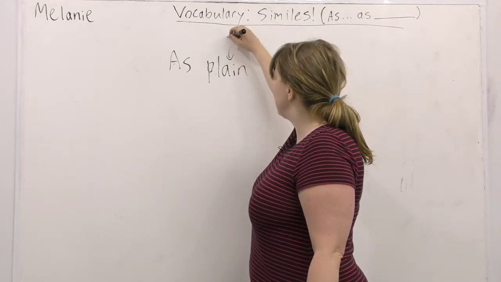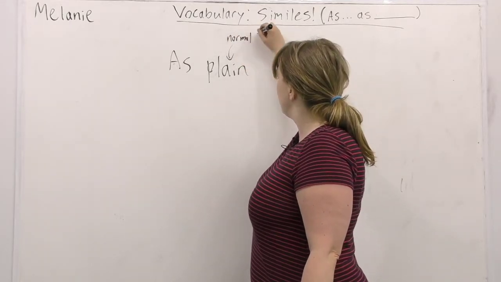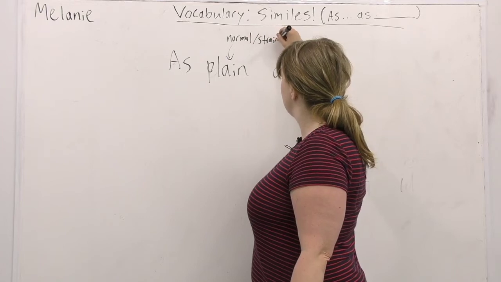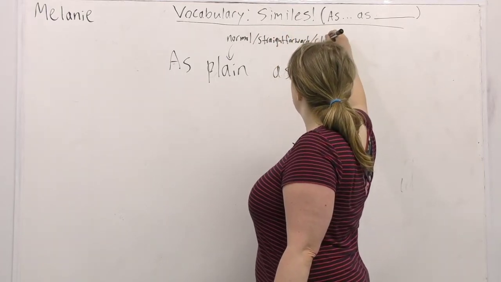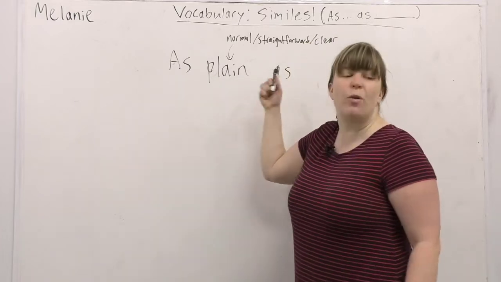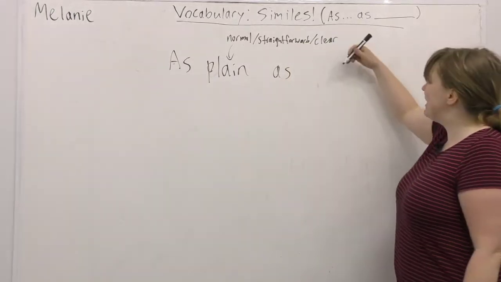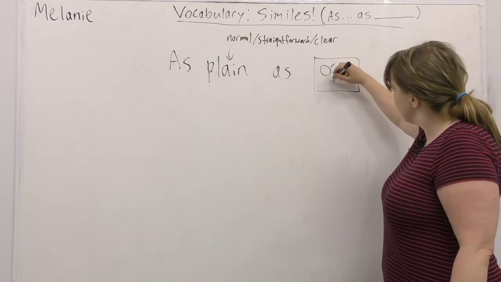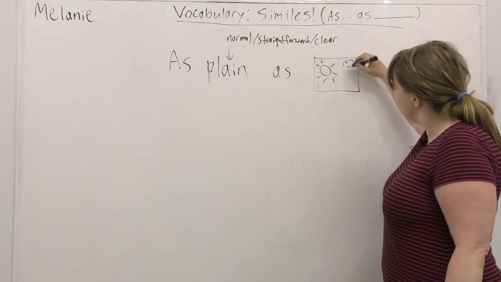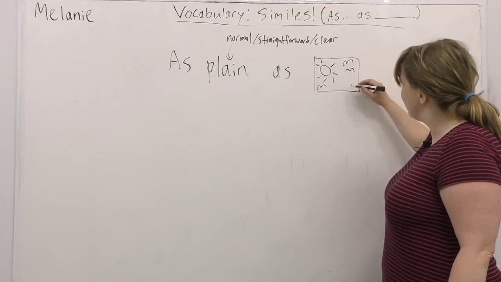Okay. So this means kind of like normal, straightforward, or like clear, easy to understand. As plain as, okay. Here's the sun. The birds are chirping.